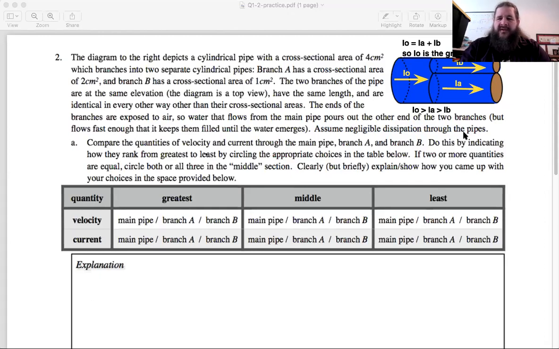Of course, if the pipes are different lengths or made of different materials, that might also make a difference. Any other questions on that so far? And what about velocity? How would we be able to compare the velocities here?